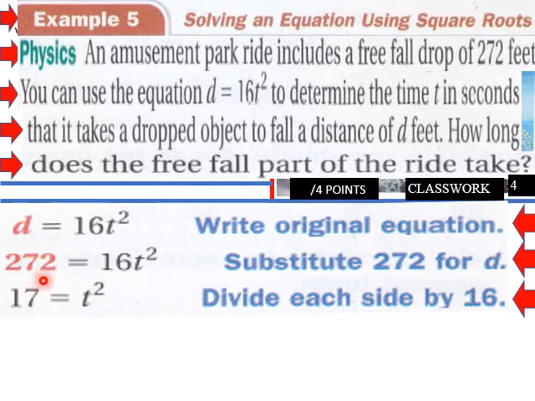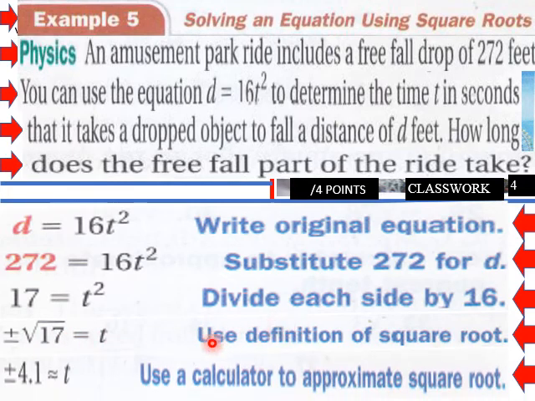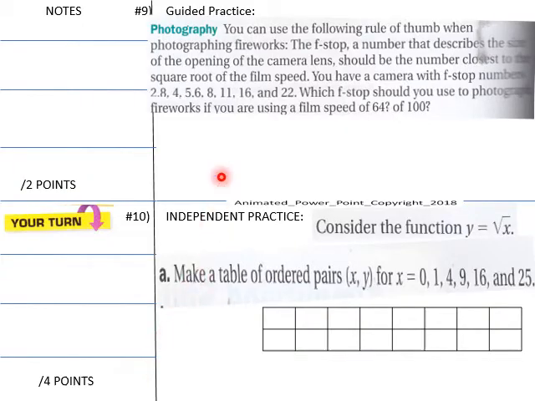So we divide each side by 16, 17 equals t squared, and then we take the square root of both sides. The square root of t squared goes to t, and 17 becomes plus or minus the square root of 17. Use the definition of square root. It comes out to about 4.1, is approximately what t is equal to, so that would be your time.